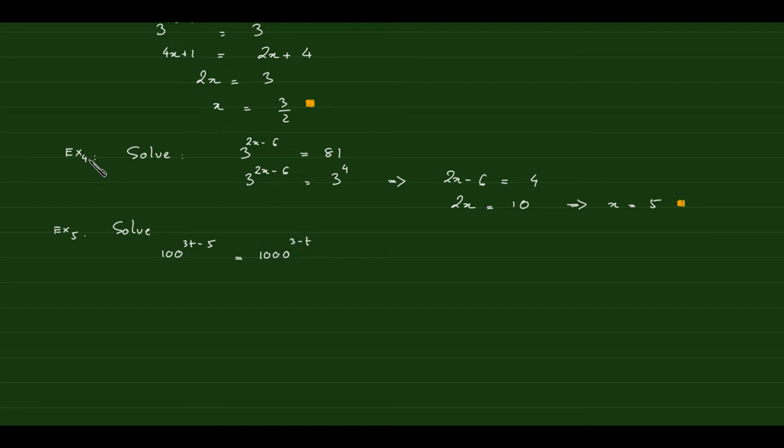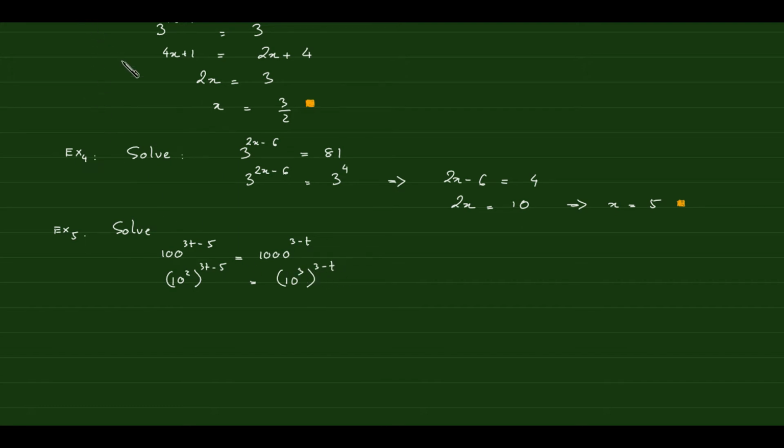Alright, in example number 4, I just need to convert 81. Now I gotta bring it to the same base, and I know the 100 is 10 squared raised to 3t minus 5, and 1000 is 10 to the third raised to 3 minus t.